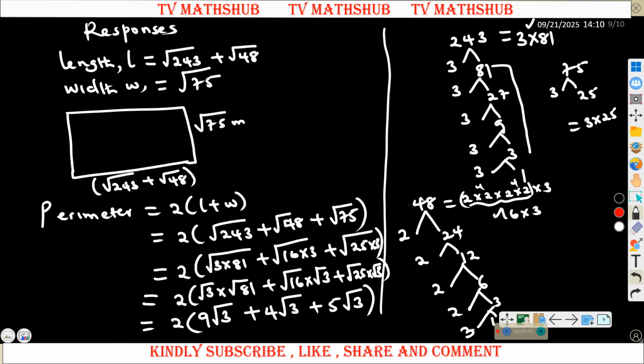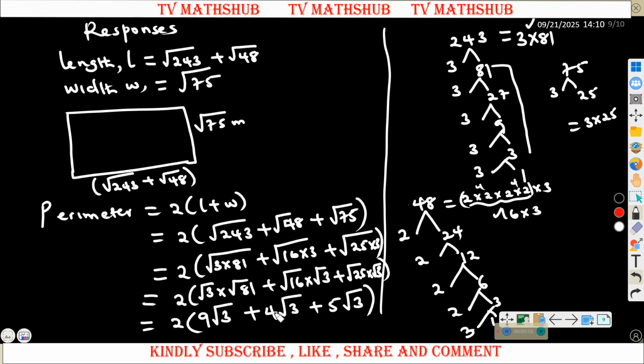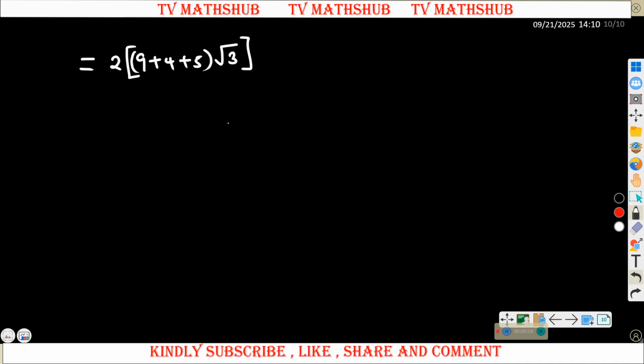So this will give us 9 plus 4 plus 5, all these into root of 3. Because root 3 is common, we pull out root of 3 and we remain with 9, 4, and 5. So this will be the same as 2 into 18, then square root of 3. So 2 multiplied with 18 will give you 36 square root of 3. So that is basically what we shall get.